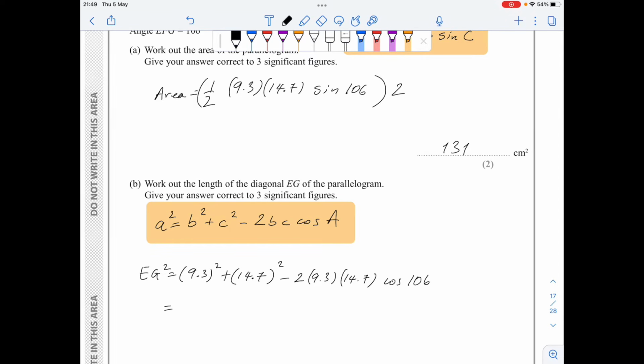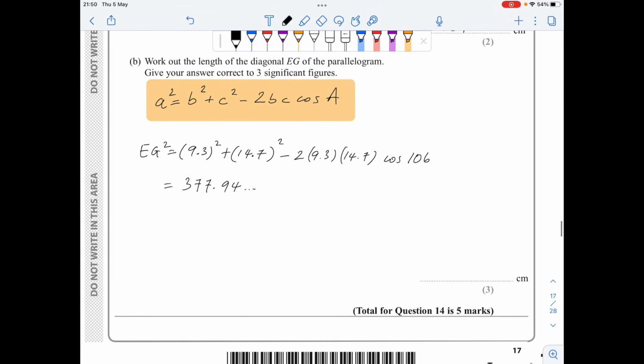This comes out to be 377.94 and so on. So EG is the square root of this number, which gives me 19.4 to 3 significant figures.